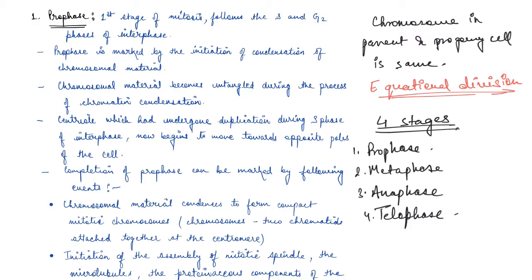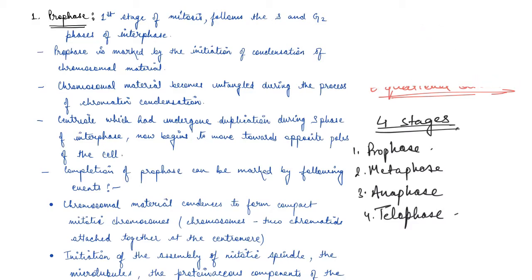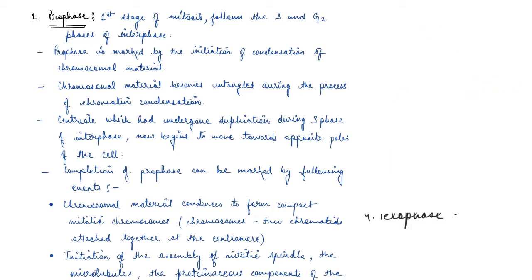So once the cell reaches the prophase, the DNA molecules are not intertwined. After the cell enters the prophase, the condensation of the chromosome material starts.